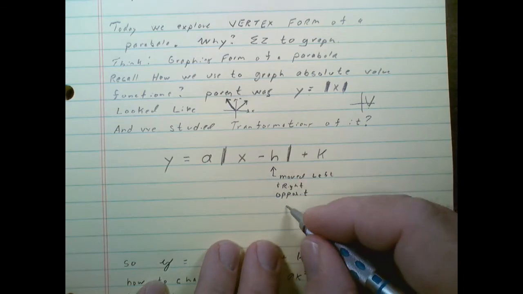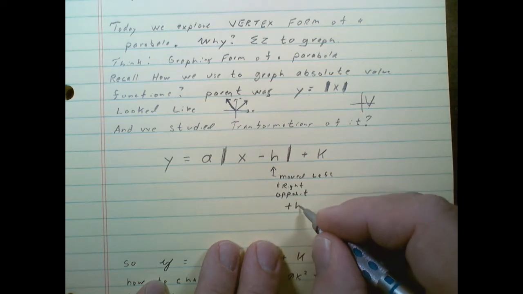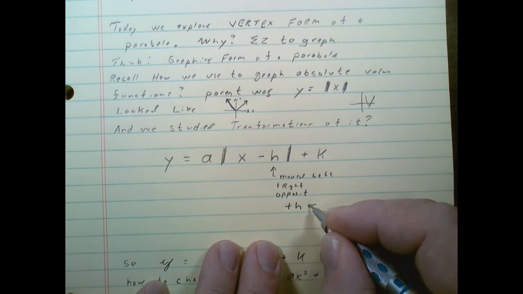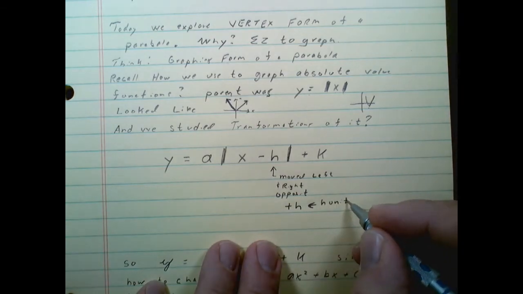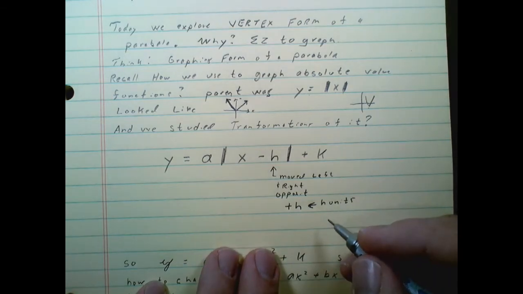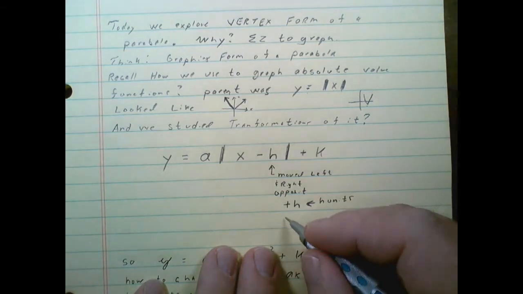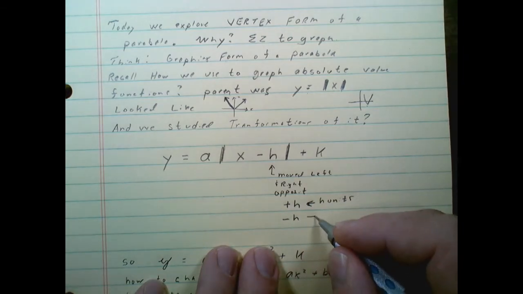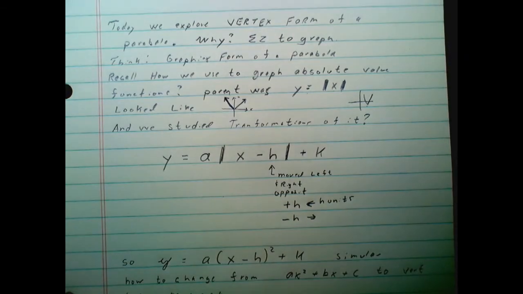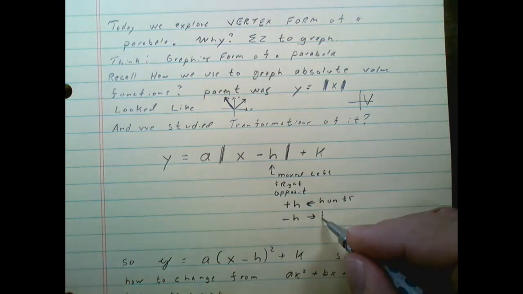So in other words, if we had a positive h, it would move it to the left h units. And I'll show you what I mean by this in case you're confused at the moment. And if it was a negative h, it moved it to the right h units.